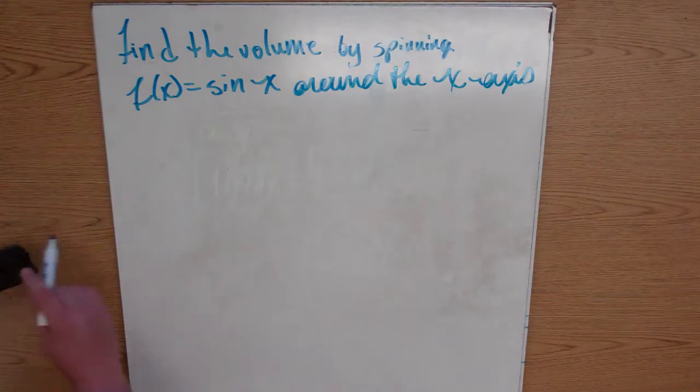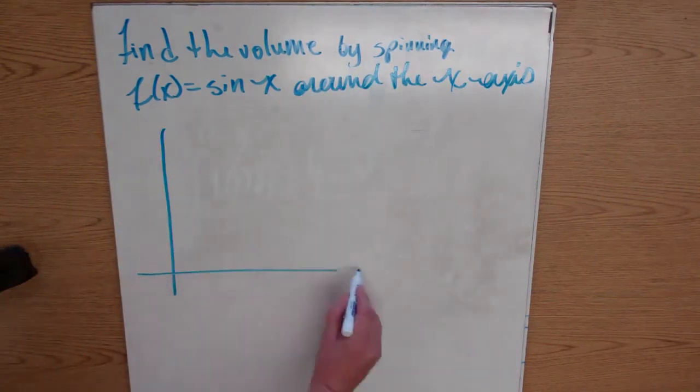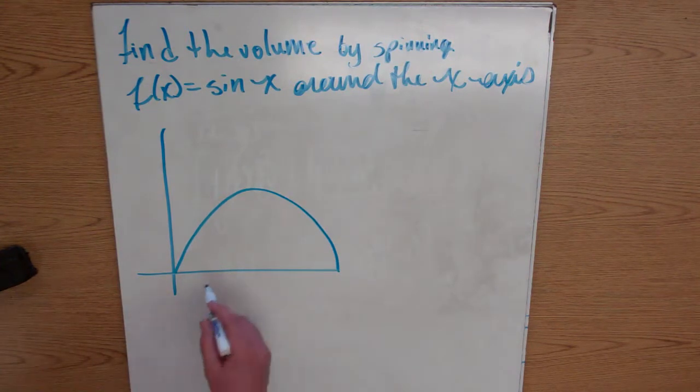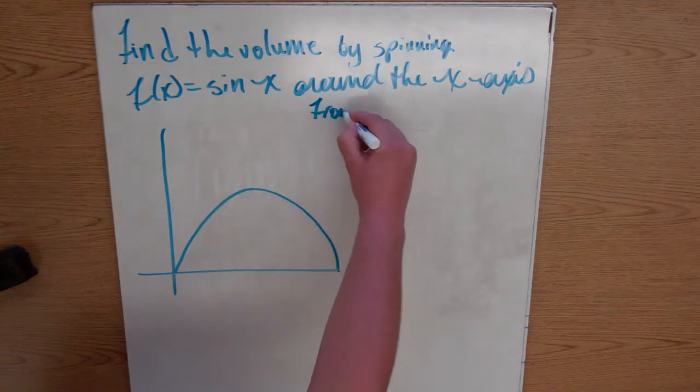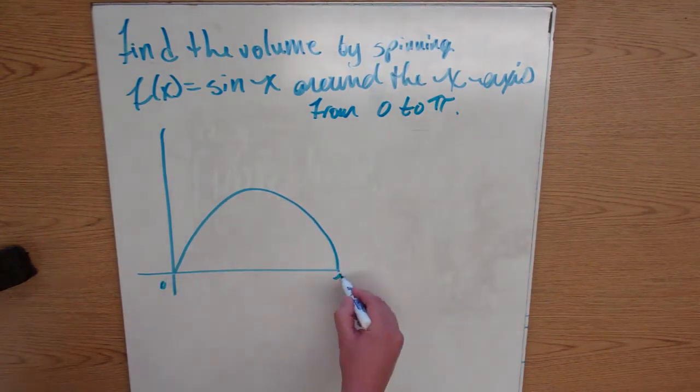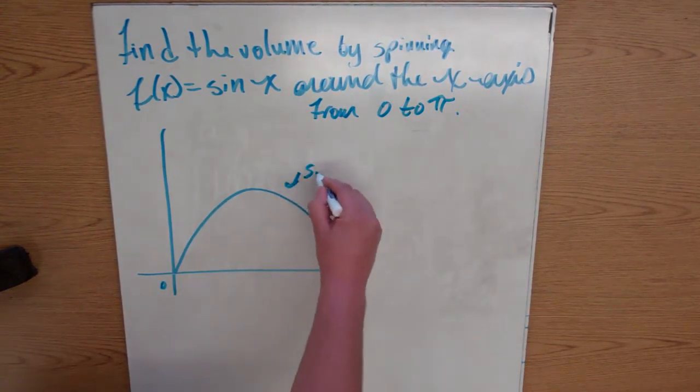Alright, so draw it out. Pictures help a lot. Alright, oh, I forgot to say from 0 to pi. 0 and pi, our function is sine x.